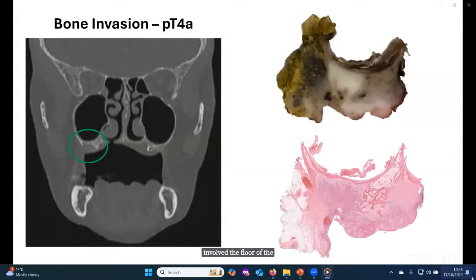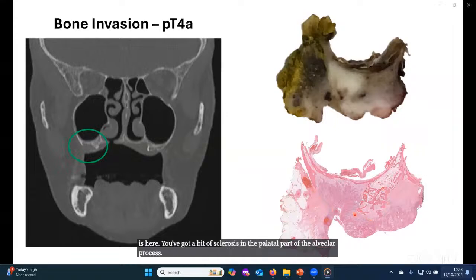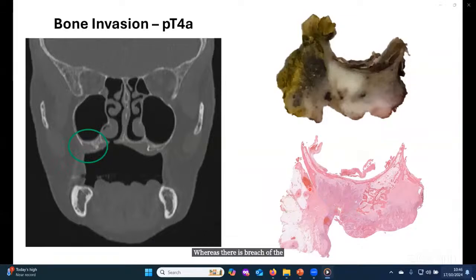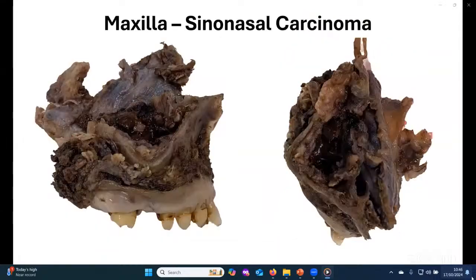And the corresponding histology section is here. You've got a bit of sclerosis in the palatal part of the alveolar process, whereas there's breach of the cortical surface and involvement of carcinoma into bone, making a T4 tumour, but the antrum is wafer thin but still intact.